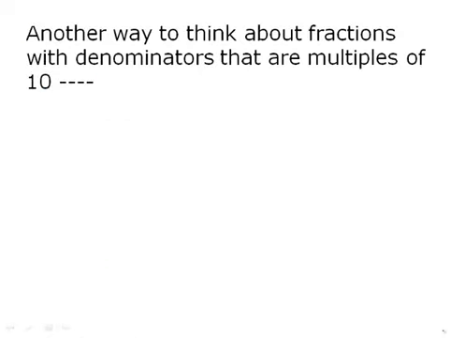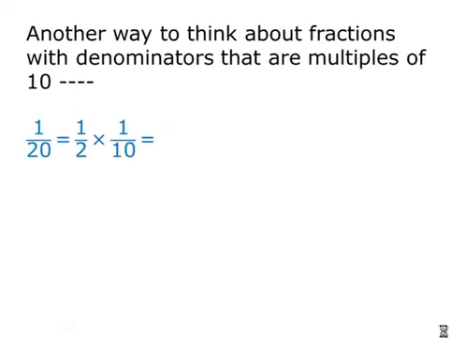Another way to think about fractions with denominators that are multiples of 10. So 1/20th, I could write that as 1/2 times 1/10. Well, 1/2, I can write that as a decimal. That's 0.5. And 1/10, of course, is 10 to the negative 1. Well, if I multiply these, multiplying by 10 to the negative 1, as we found 2 videos ago, slides the decimal place over one place to the left, and I get 0.05.